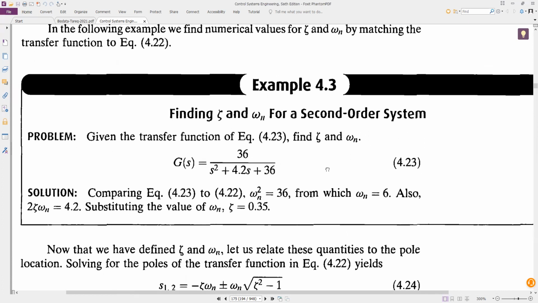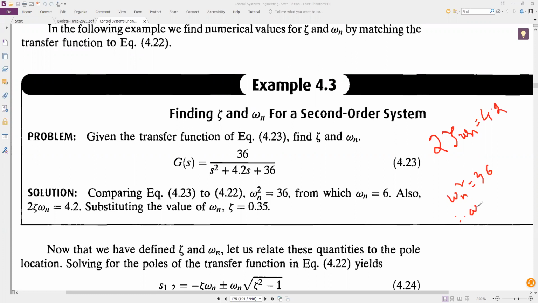Now see another example: finding zeta and omega n for a second order system. You have to find out zeta and omega n for the second order system here. Now from this equation, 2 zeta omega n is equal to 4.2, and omega n square is equal to 36.